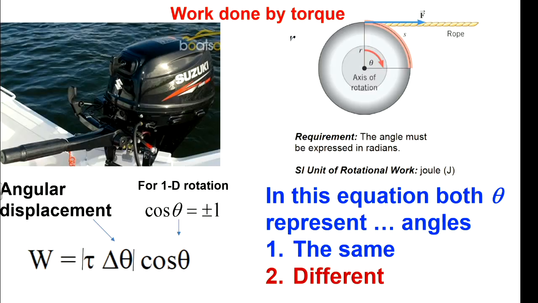If this spins counterclockwise and torque counterclockwise, they are parallel, this angle is 0. If the object spins counterclockwise but torque, another force, is clockwise, the opposite, this is 180. So for the work done by torque, this number is either 1 or -1, that's it.